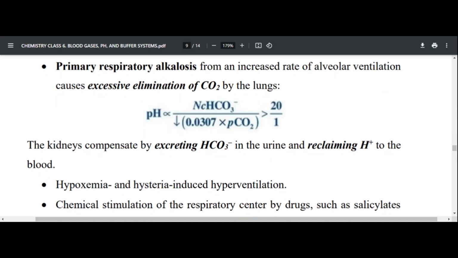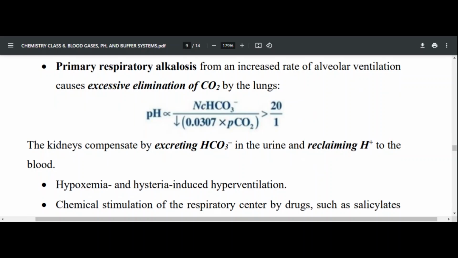When this happens, patients experience excessive elimination of CO2 from the lungs. This is what we call primary respiratory alkalosis, and this also is going to fluctuate our ratio between bicarbonate and carbonic acid.